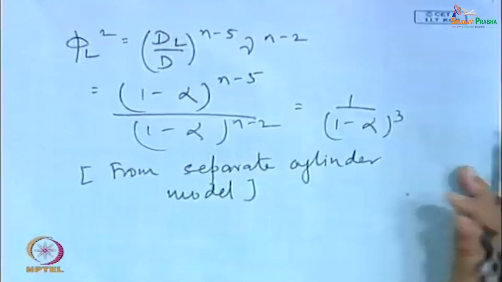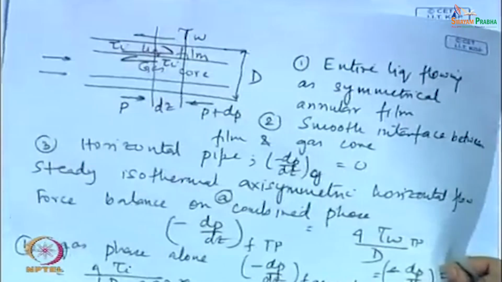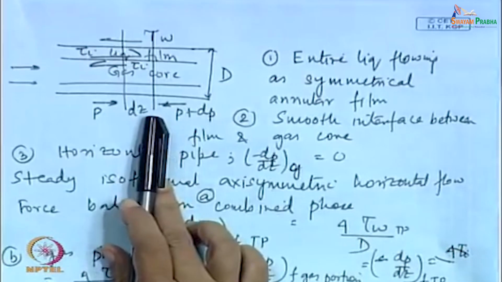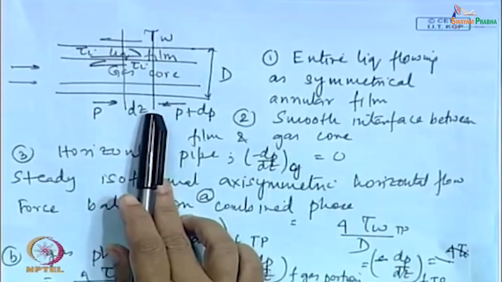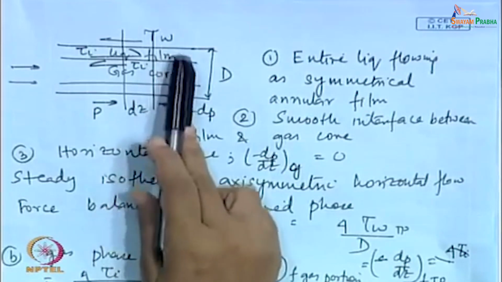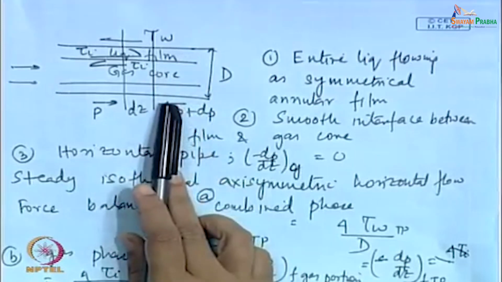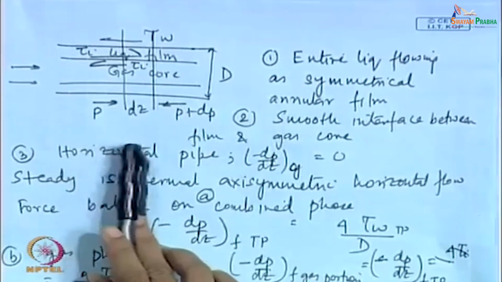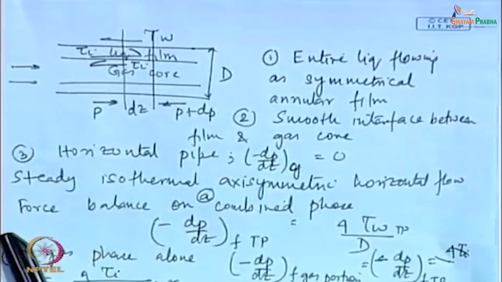Fine. Now, I wanted to take up the actual flow situation and find phi L square from there. For finding phi L square, what do I need? I need the frictional pressure gradient in the liquid portion or in the gas portion or in the two phase mixture divided by the frictional pressure gradient when that particular liquid flows alone in the pipe.